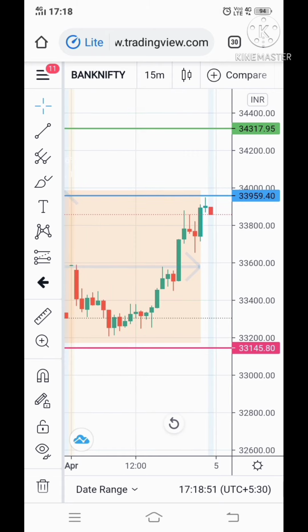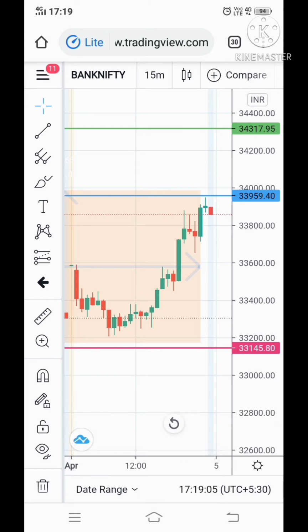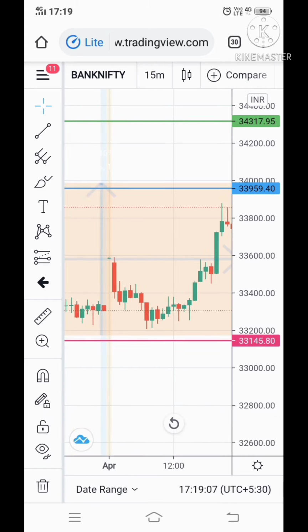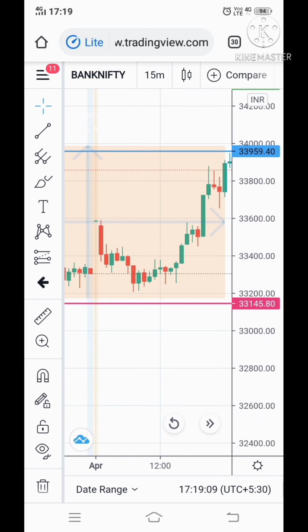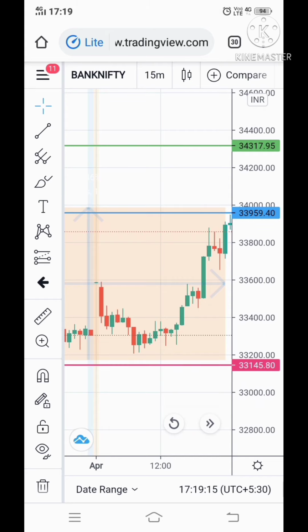On the screen you can see that I have kept the tradingview.com website open, and in that you can also see the Bank Nifty 15 minutes candle chart. Along with this chart, we are going to use one indicator called RSI, Relative Strength Index.